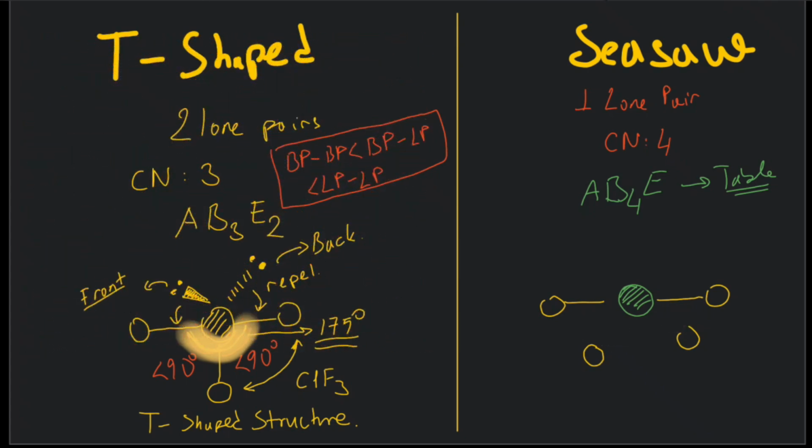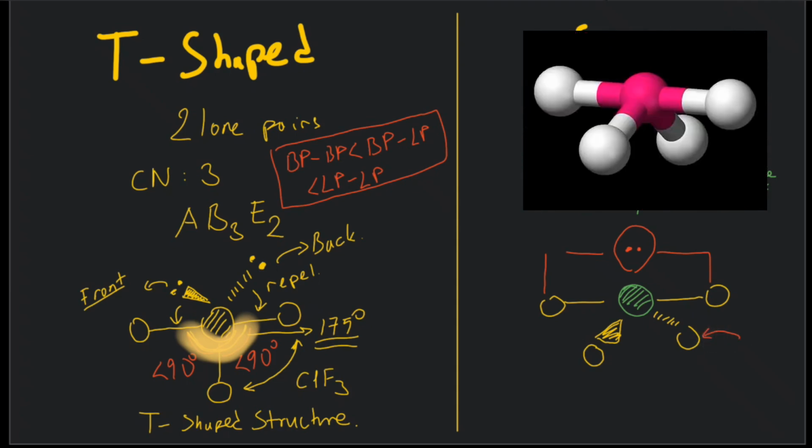So maybe this is more correct. This is the front and this is the back. Okay, and we have a lone pair. So these three things, the lone pair and these two atoms, are on the same plane, but one of the atoms is at the back and this is in the front. Okay, hopefully you understood.